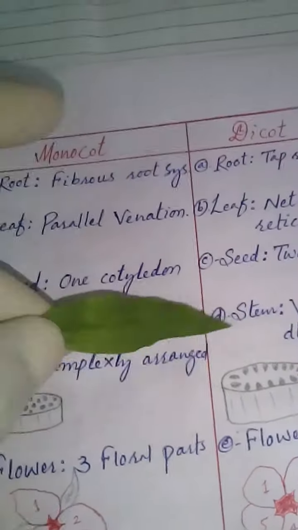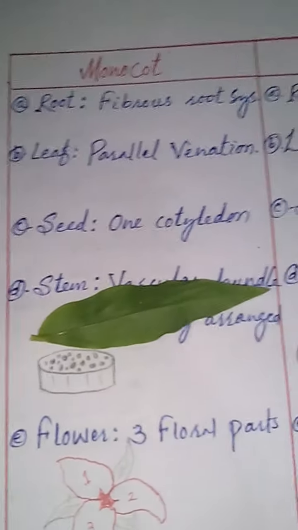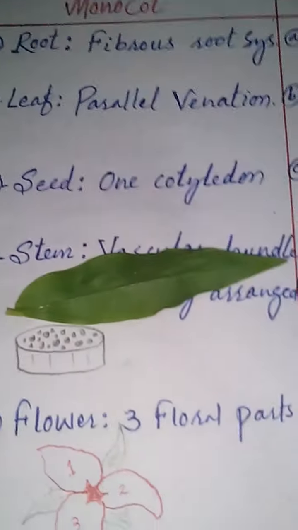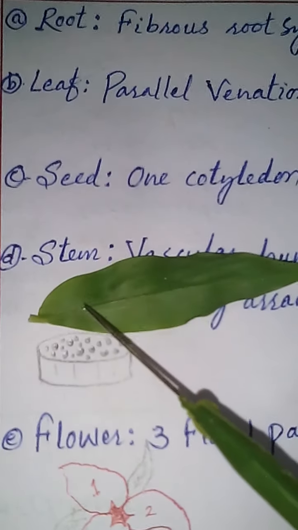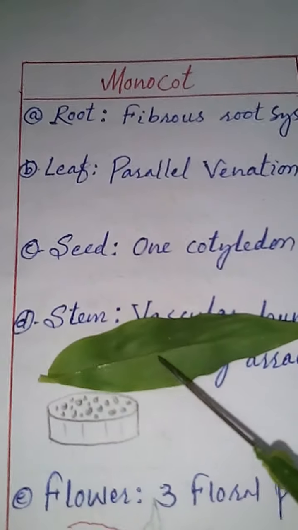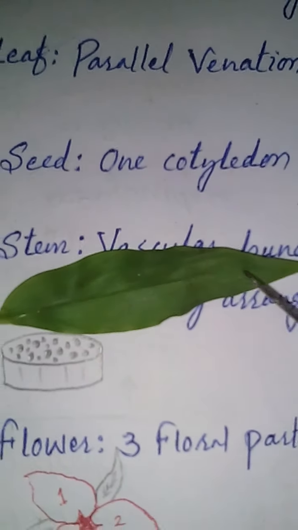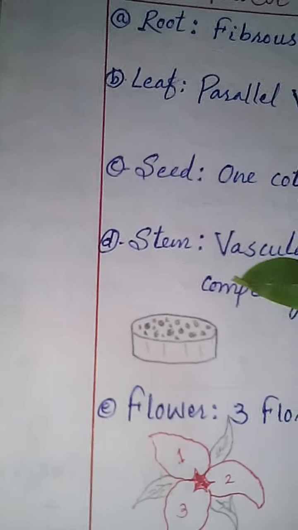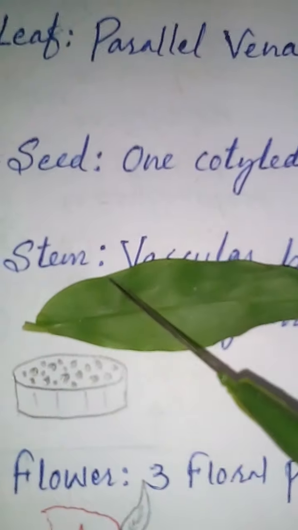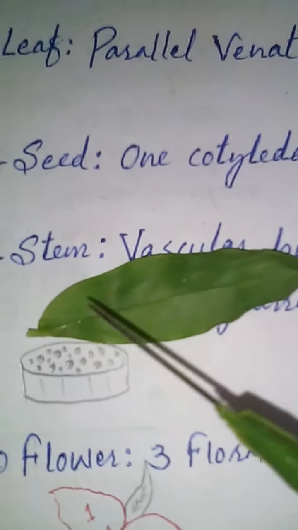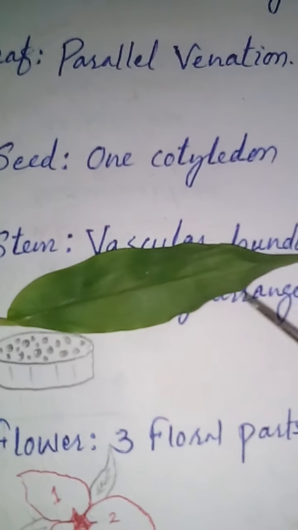So I have a leaf which will help you understand the parallel venation, the venation in the monocotyledonous plant. If you can see this midvein, all the veins run parallel.